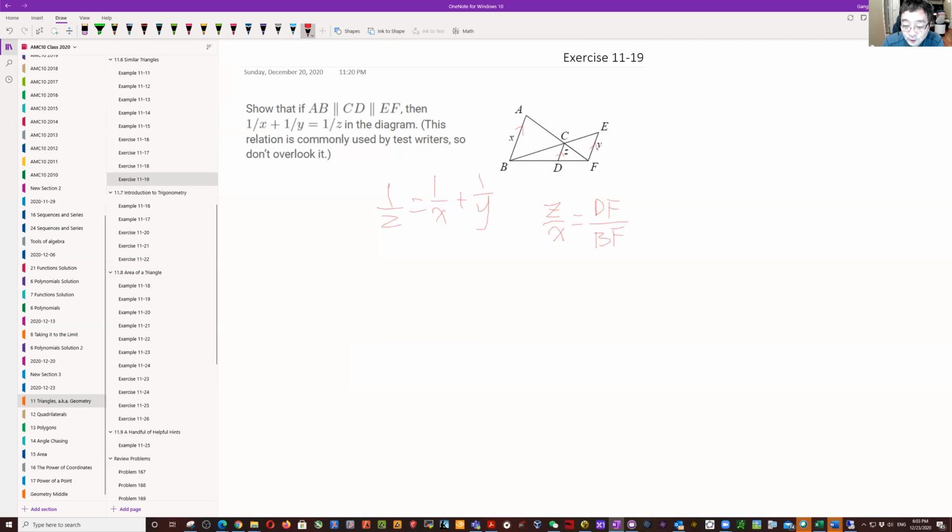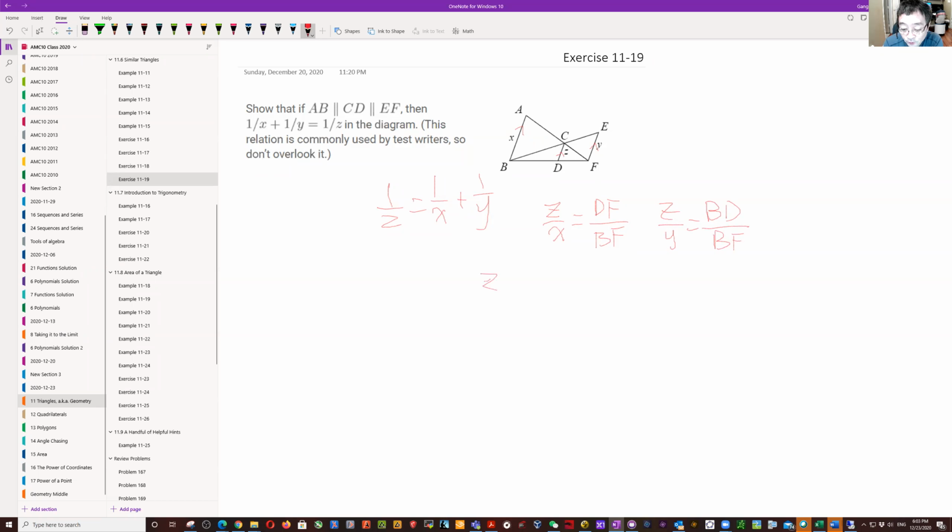And with this group of triangles, BCD and BEF, we have Z over Y equals BD over BF. Then you can add them together.